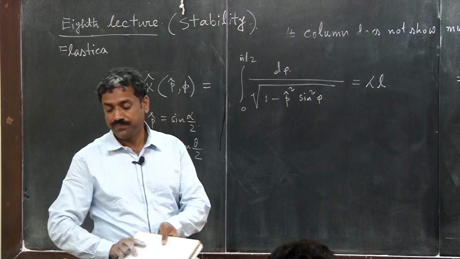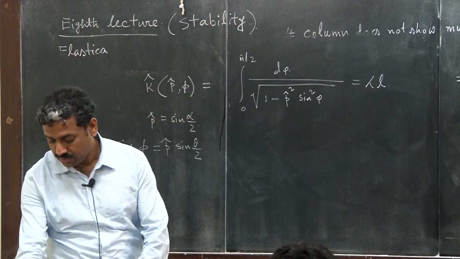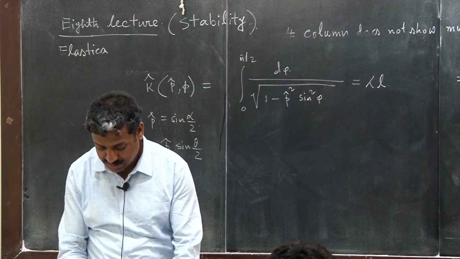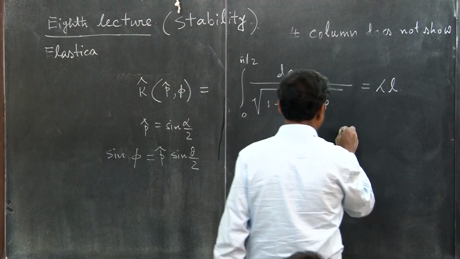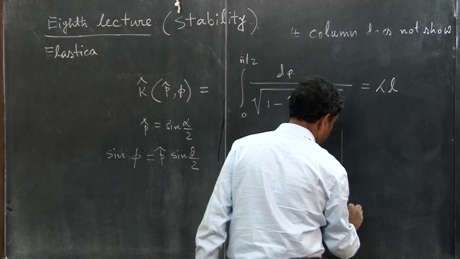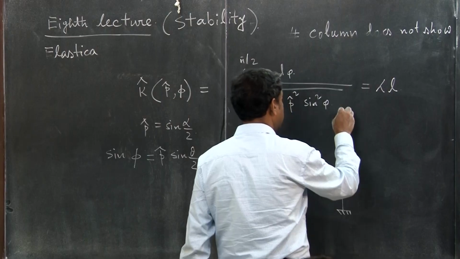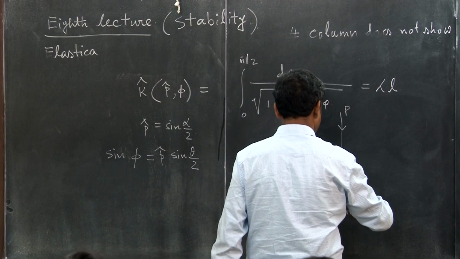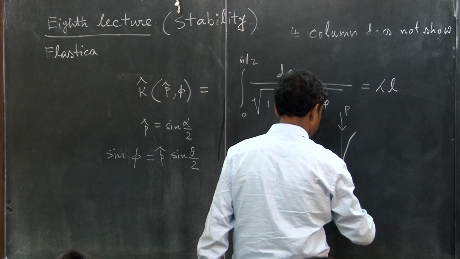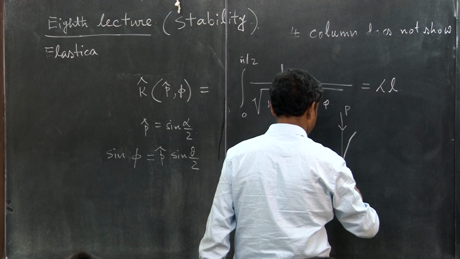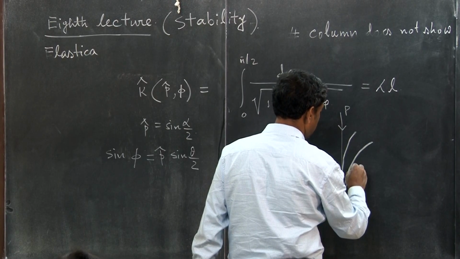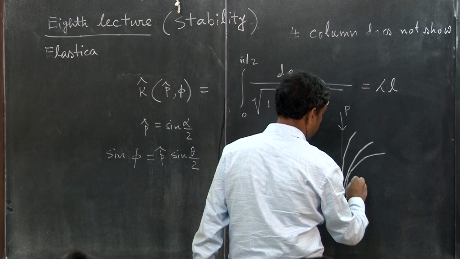Now, another small thing I am going to mention here. The way this elastica will deform is something like this. If you simplify, say it is P, and then here it will be some angle, then some other angle.